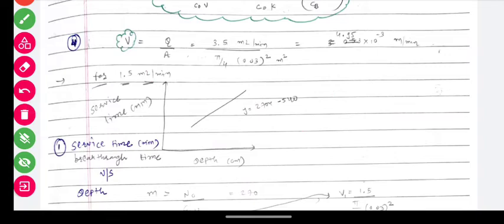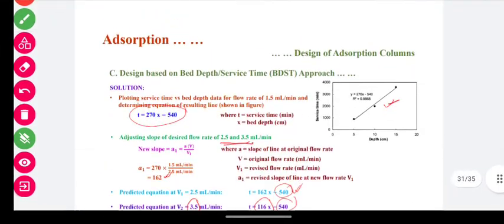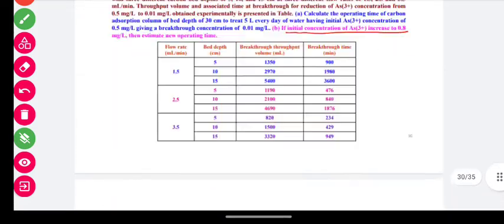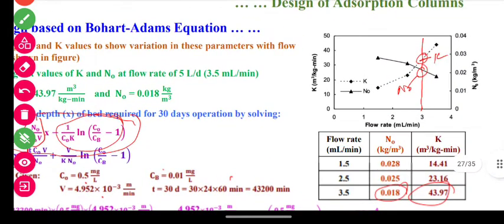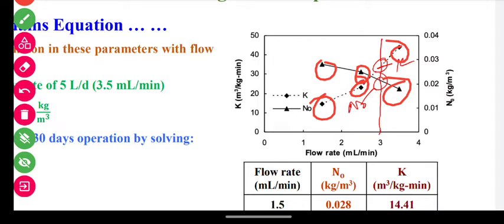Let me show you the actual slope. Okay, this is the one, flow rate versus. So you got 3 different n values and 3 different slope values, sorry, k values.